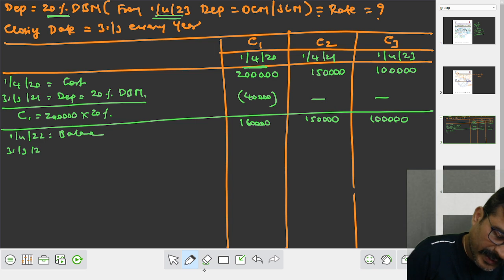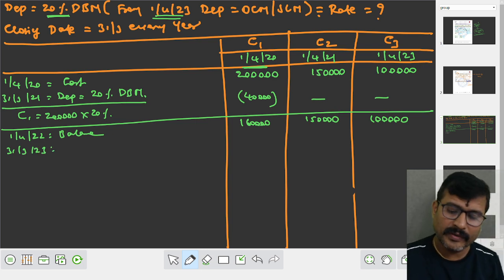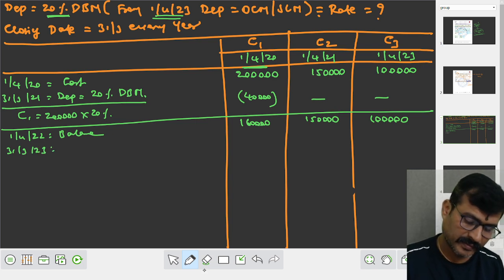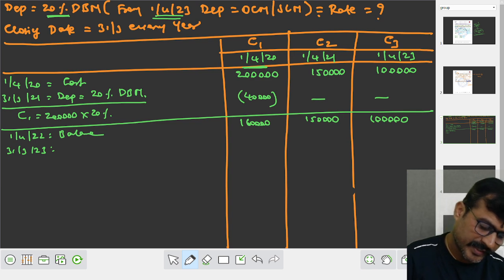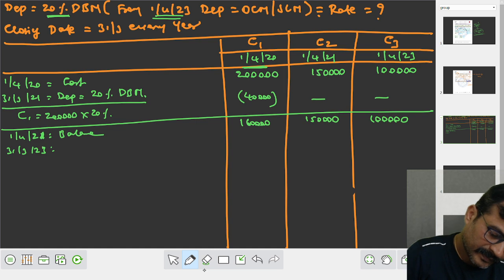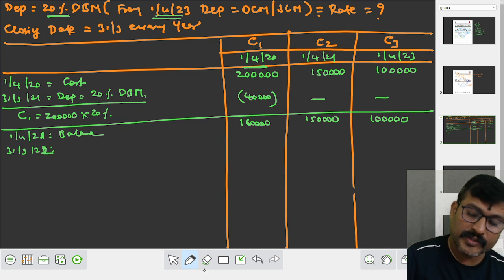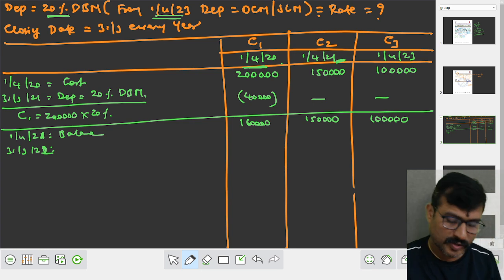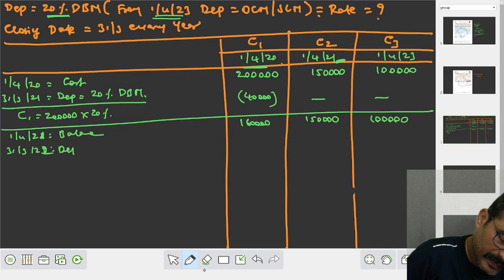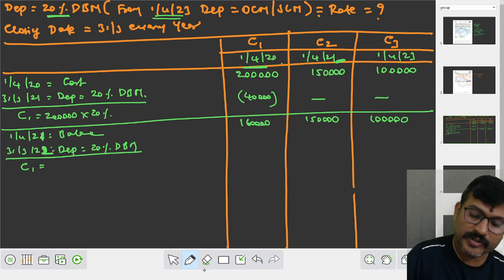The next date is, what is the next date? Sorry, 1st April 21. This is 22. How many computers do we have? We have the first computer, and in April 21, C2 is also purchased. Depreciation 20% DBM. This is 22. This is 21. C1, how much?